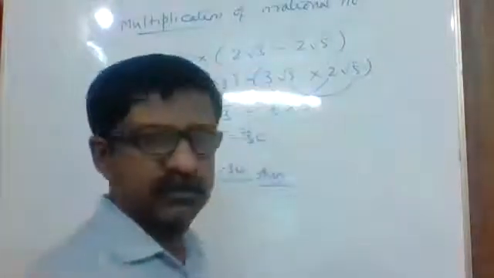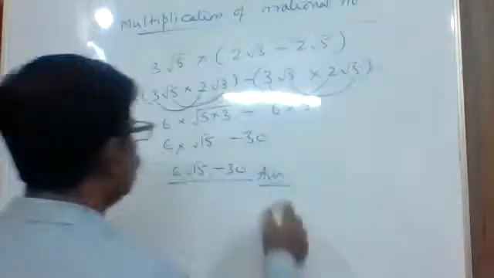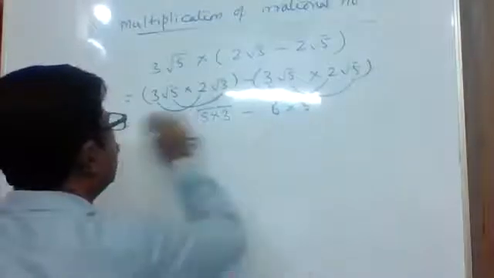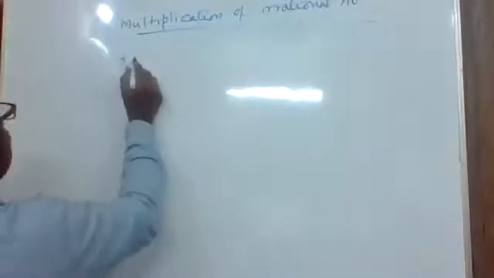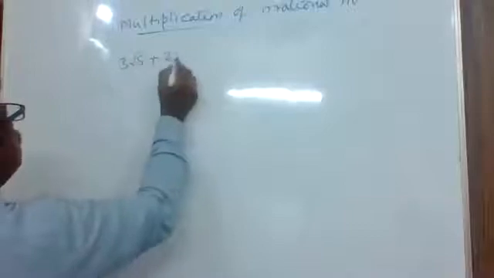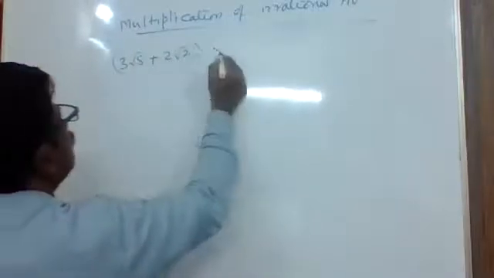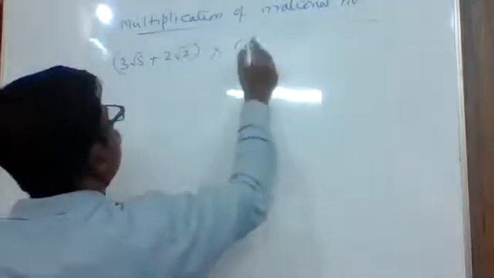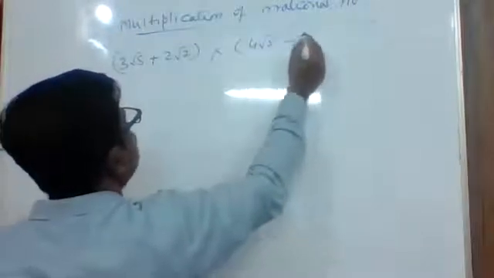That will not be clear to you. That's why I made you learn how to multiply these irrational numbers. We try to take some other number: 3 root 5 plus 2 root 2 into 4 root 5 minus 3 root 2.